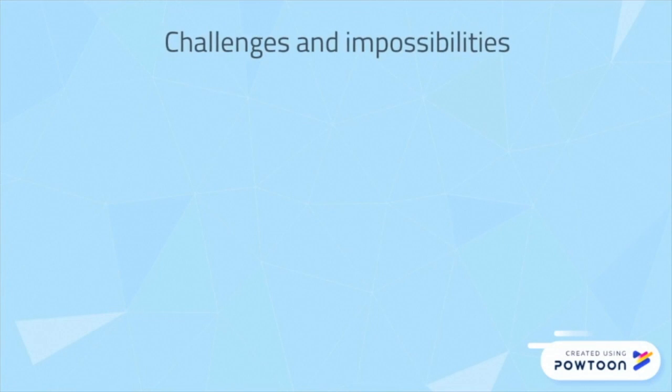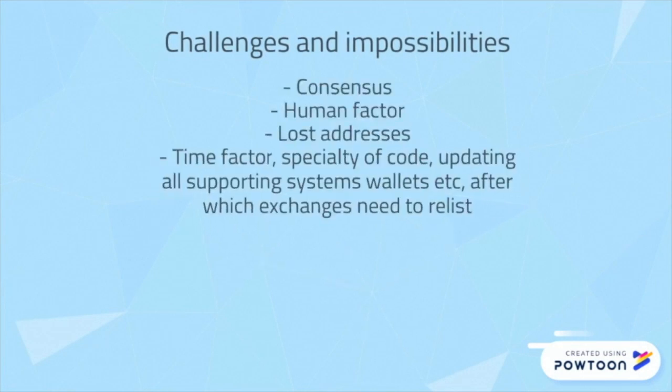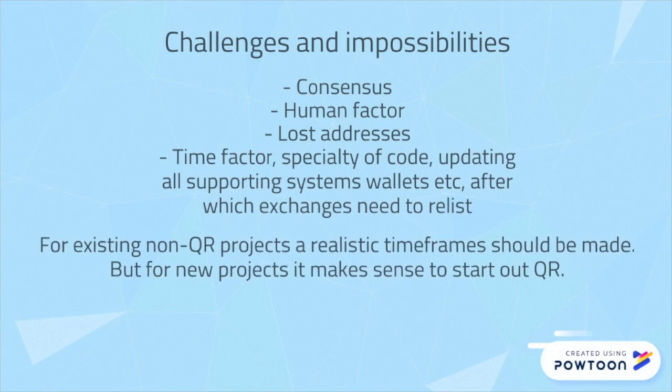Can this simply be implemented in an existing blockchain and solve the problem? It is not that simple. There are several issues due to the decentralized nature of blockchain that will be explained in the next video. Even in the best possible result, it is impossible to protect the full 100% of the existing circulating supply.